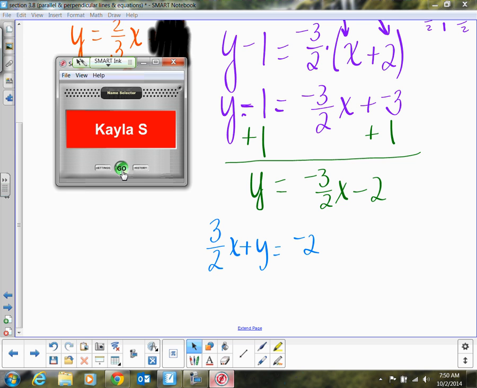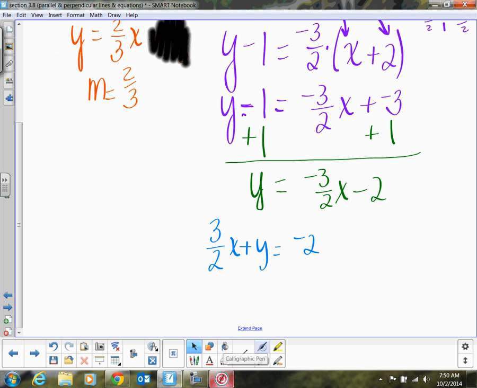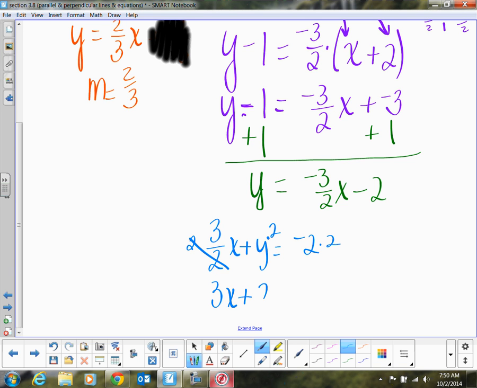It wants nothing to do with fractions. We're going to multiply everything by 2. So that's going to simplify, and we'll have 3x plus 2y equals negative 4. That's the line that is perpendicular to the one we were given that passes through that special point in standard form.